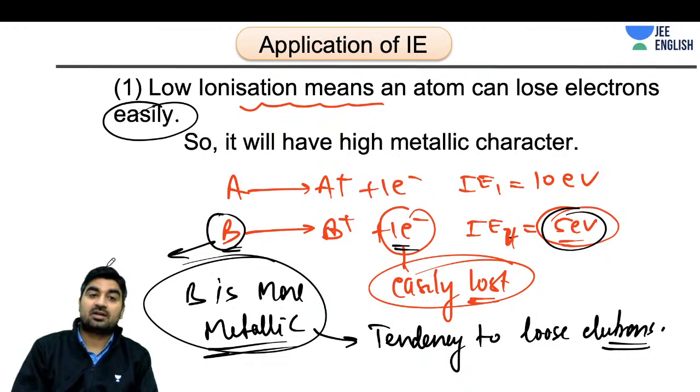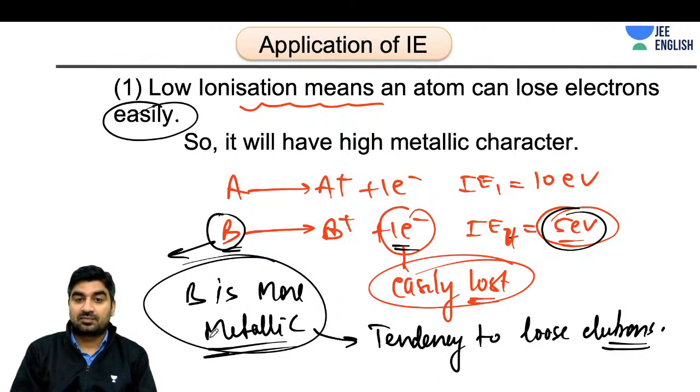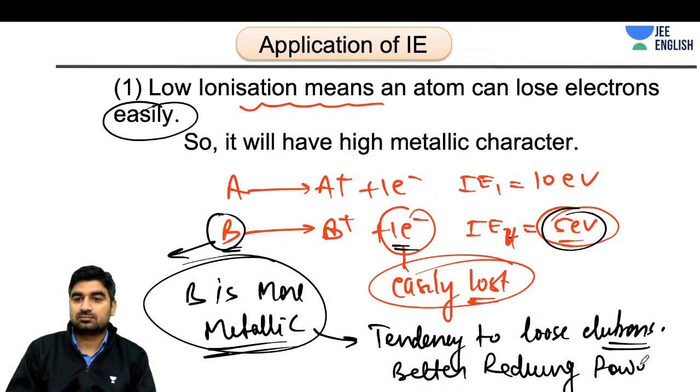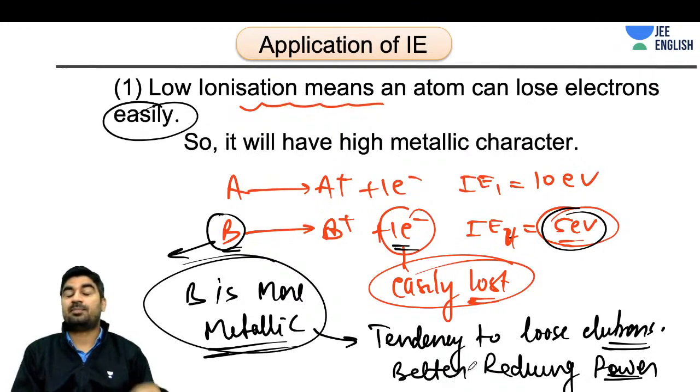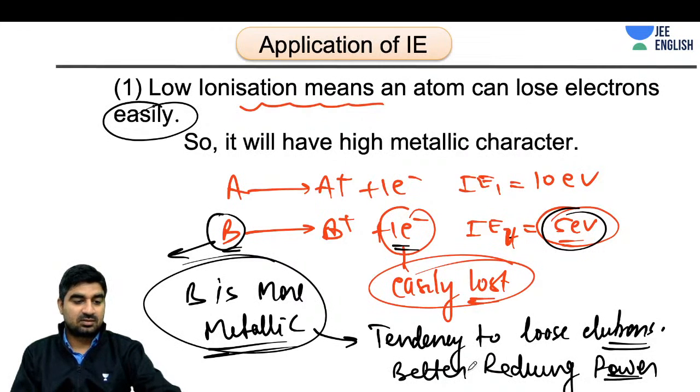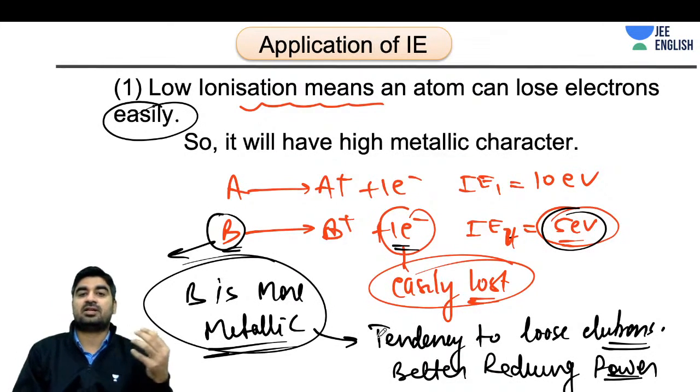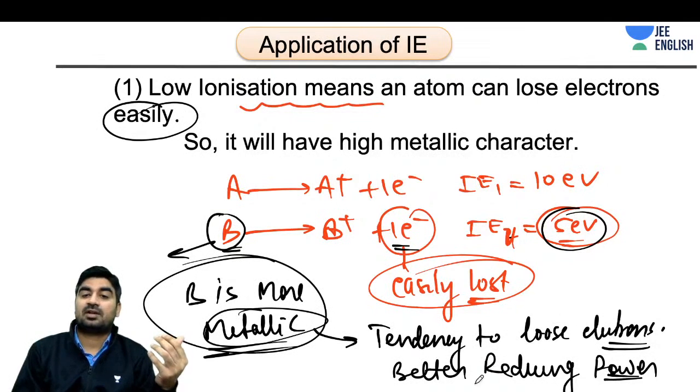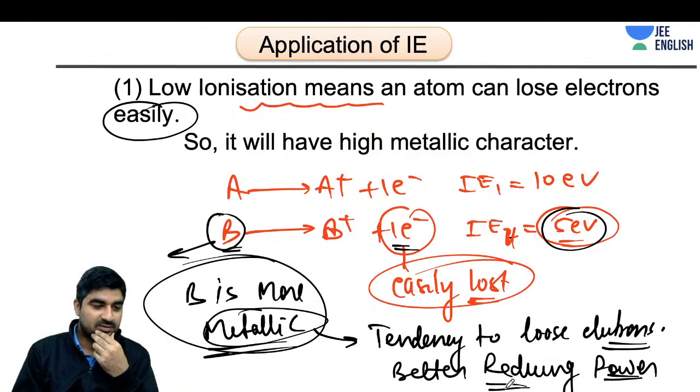So I will say it has better reducing power, or it is a better reducing agent. So lower ionization energy means more metallic character and better reducing power.